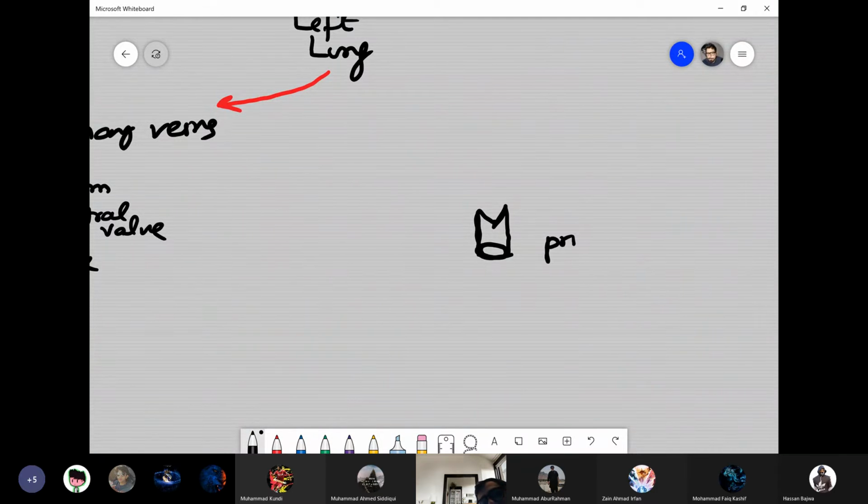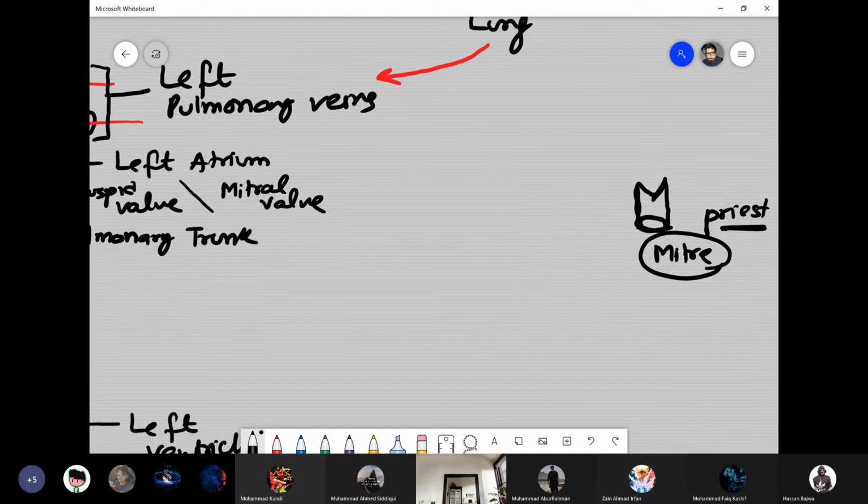So the priests wear the cap like this. Now, this cap is called a mitre. When the scientists observed that the shape of this valve resembles the shape of the mitre, that is why they gave it the name mitral valve.